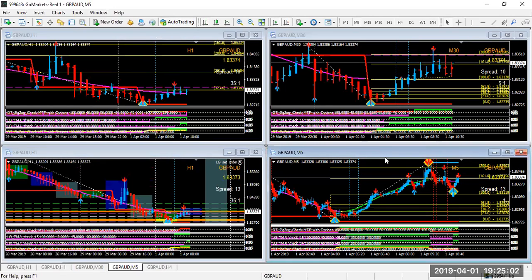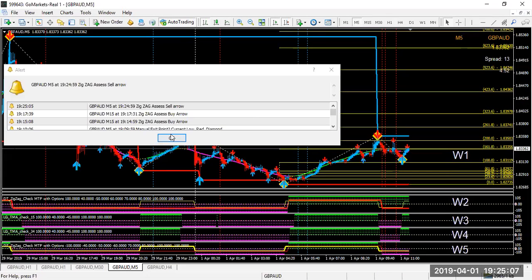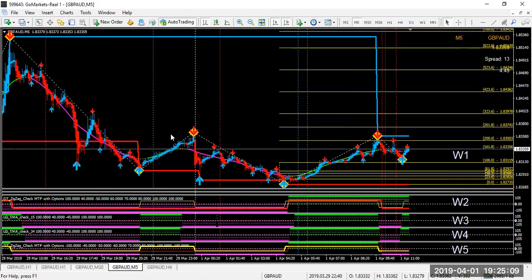And this is 5 minutes, and the green shading is showing that 30 minutes is at a low and it's looking for a high. Okay, it's still going green. That means, based on this information, price would like to go higher than that in the 30 minutes.